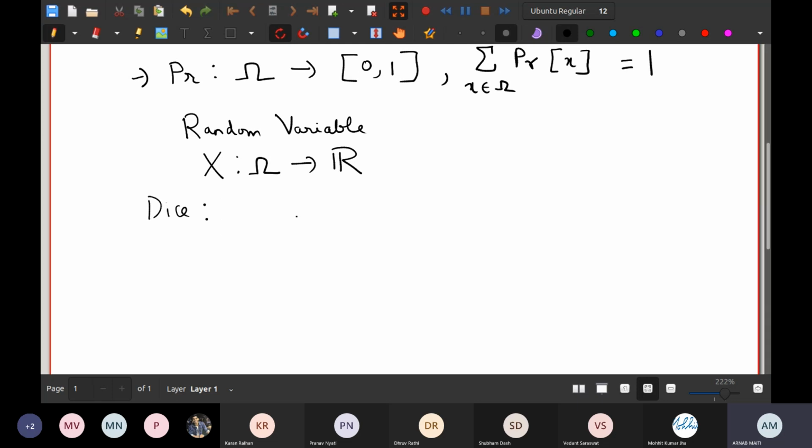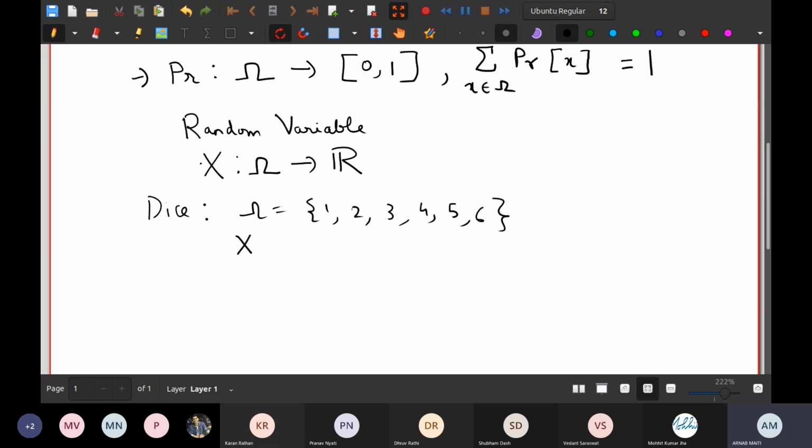Your dice has the sample space, as I told before, 1, 2, 3, 4, 5, 6. Then we can define a random variable, this is just an example.